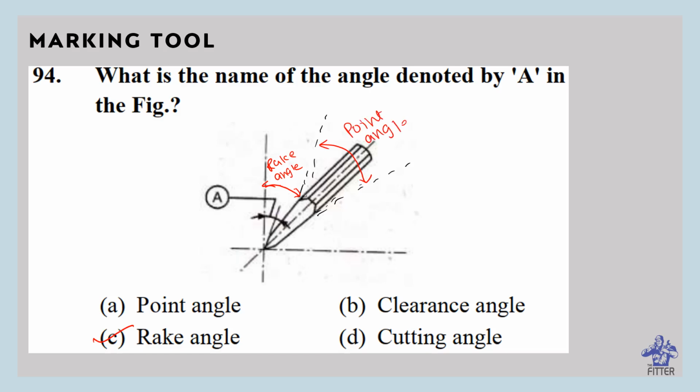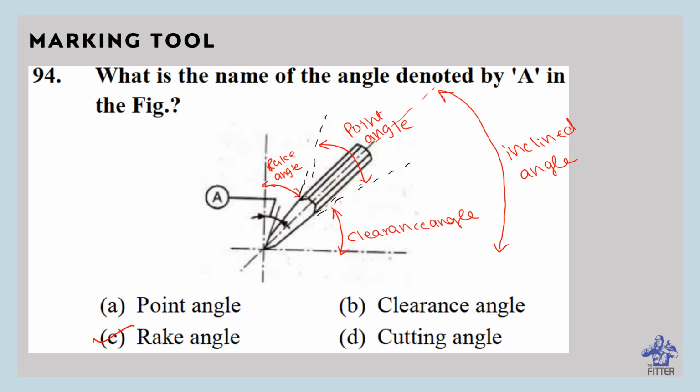And from here to here, that is the clearance angle. From the axis of the tool to the horizontal, that is the inclined angle.